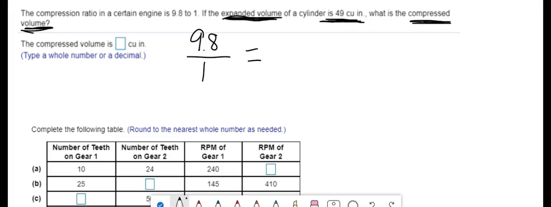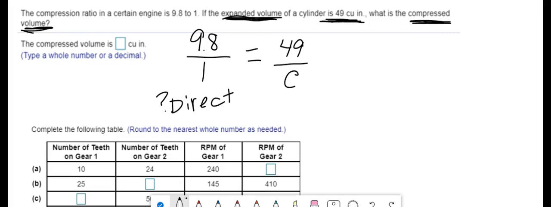If we think of it as directly proportional, so this is a maybe, if direct, we would write it as 9.8 to 1 equals 49 to what we don't know. Let's just call it V for volume, or we could call it C for compressed volume.